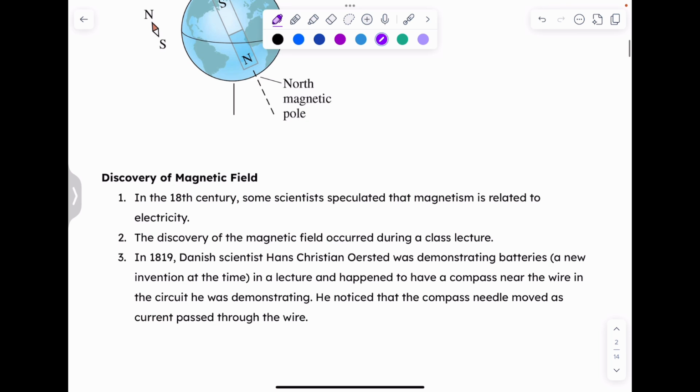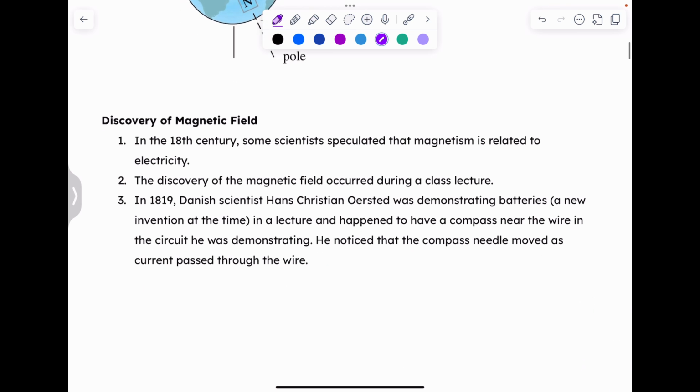All right, in the 18th century, some scientists were starting to speculate that magnetism was related to electricity. Remember, the 18th century, those are the 1700s. That's when Faraday was active. The first time people really understood that there was some relationship between magnetic fields and electricity was during a class lecture by Hans Christian Ørsted.